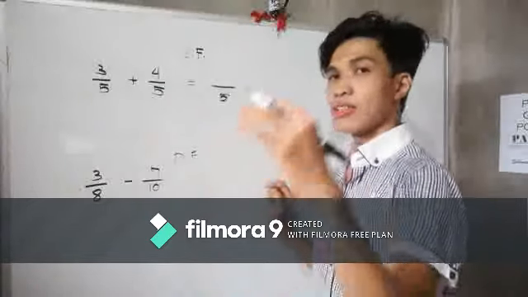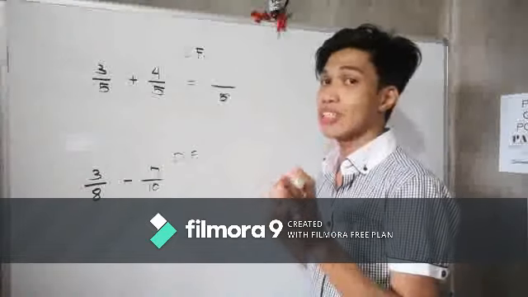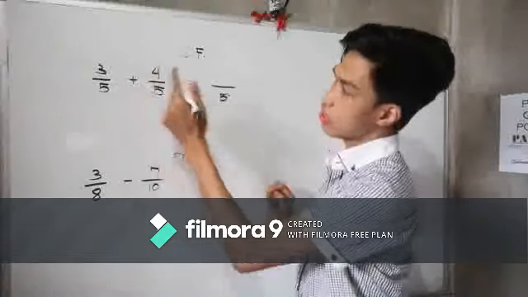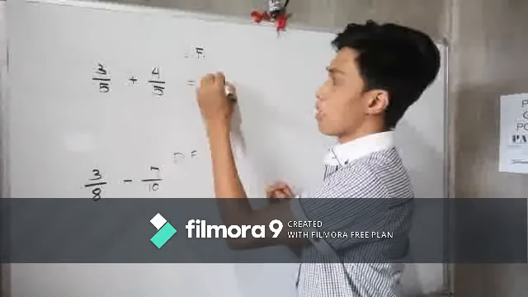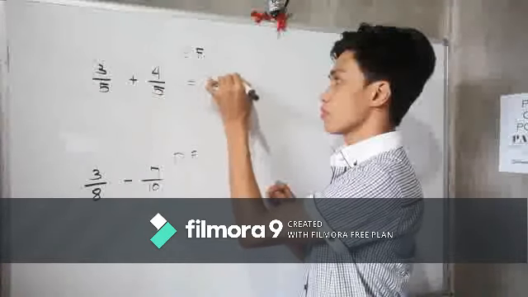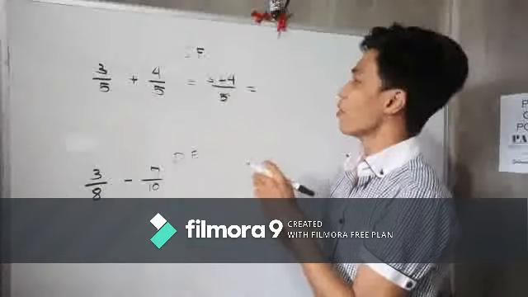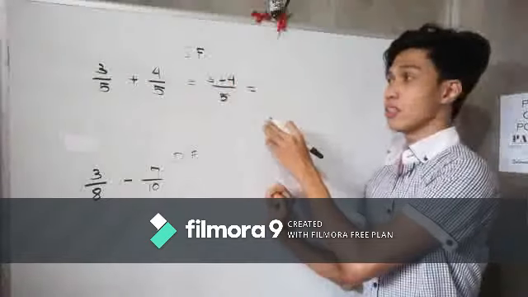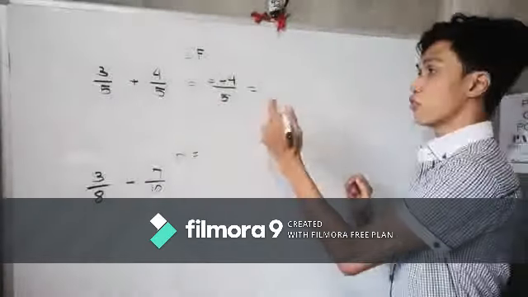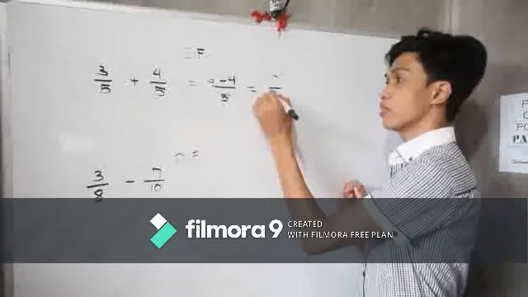Next, after you copy the denominator, you just need to apply the operation on the numerators. Our numerators here are 3 plus the second one, 4. So we have 3 plus 4, and we need to apply the operation, which is addition. 3 plus 4 will be 7 over, again copying the denominator, 5.